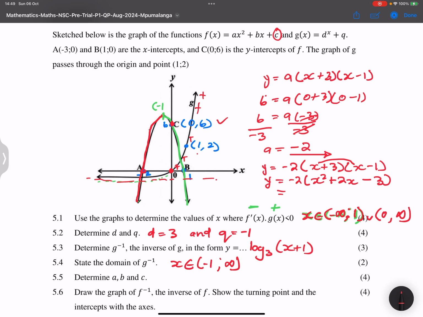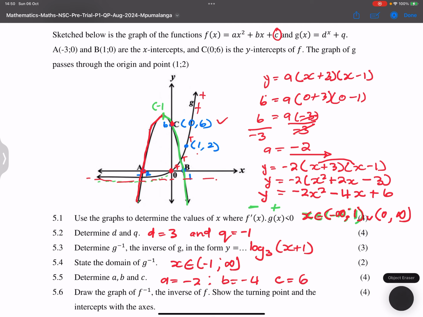But then if I multiply the -2 in, that would be -2x squared minus 4x plus 6. That means the value of A is -2, the value of B is -4, and the value of C is equal to 6.